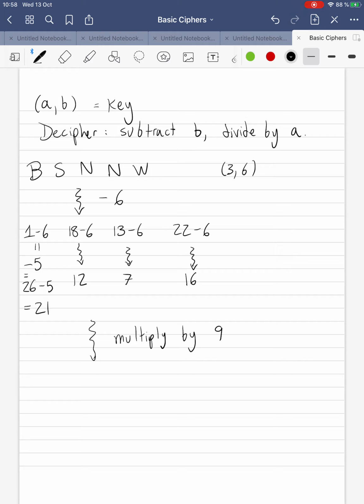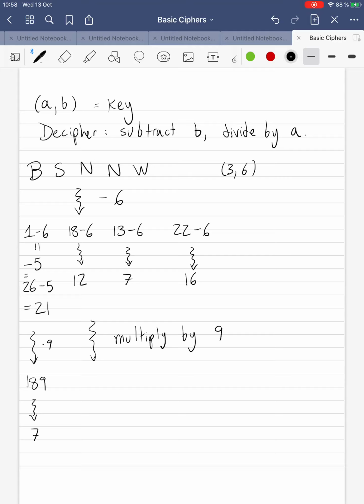So 21 times 9 is 189, but I'm just going to use Google here. I'm going to put mod 26, which means I put equal to 0 any multiple of 26. And so this gives me 7. I divide by 26 and it gives me remainder 7.